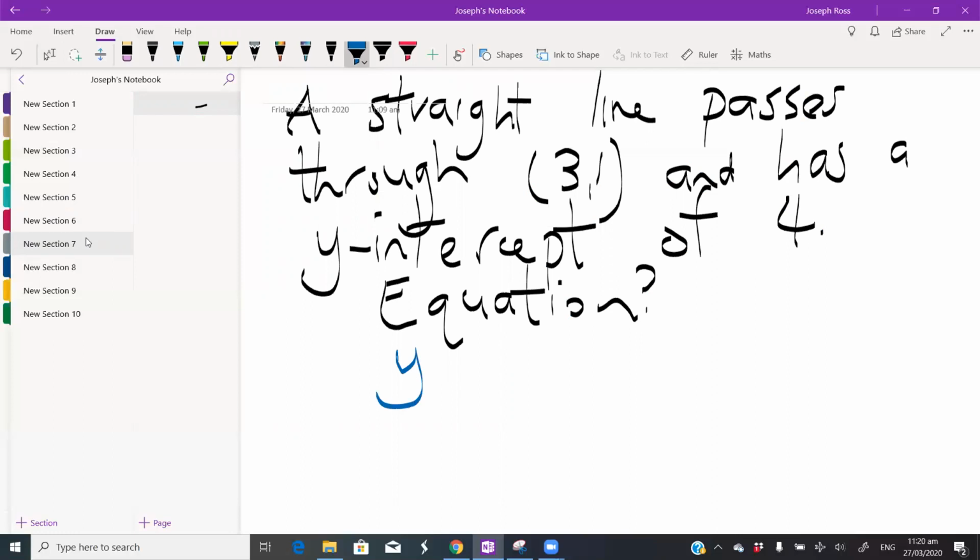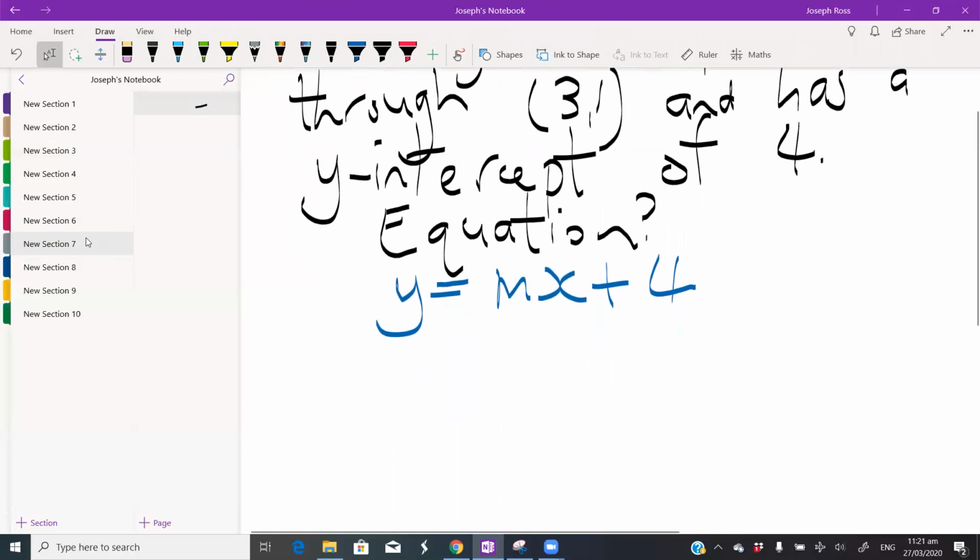So therefore, your equation is going to look like y equals mx plus 4. Okay, so we've got part of the equation. Just like with the previous question, we still need to find the value of m, so we still need to put the other point, which is (3, 1), into our equation here.